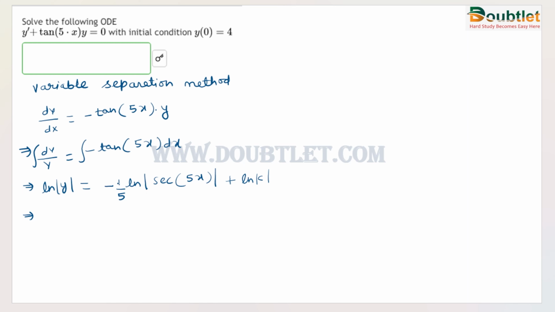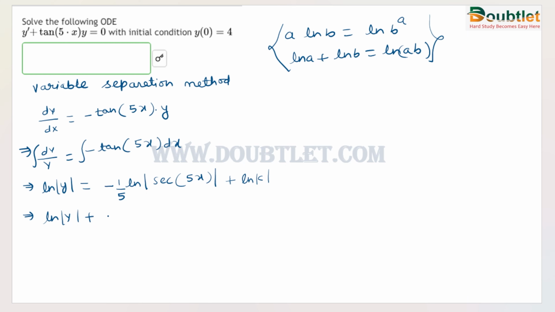If we take this negative term to the left hand side, we can write this as ln|y| plus, we will use the property a ln b is equal to ln b to the power a, and ln a plus ln b is equal to ln ab. We will use both these properties in this equation.